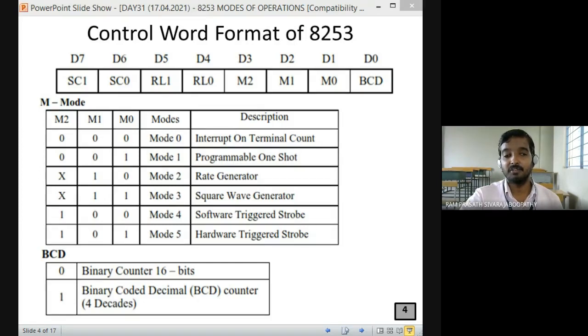What value will you get in the case of a BCD counter? Kindly type in chat. It is a very simple question. BCD, yes, very good. 0009, very good, very good. I appreciate you.